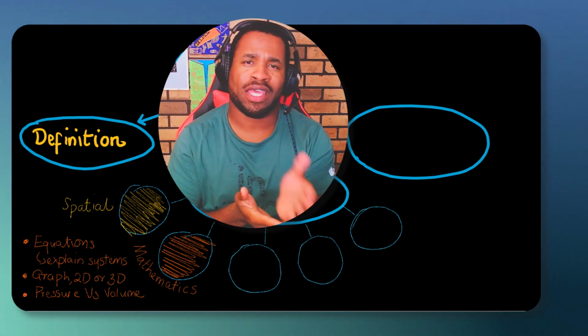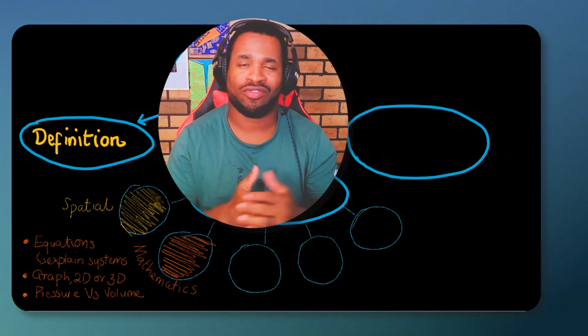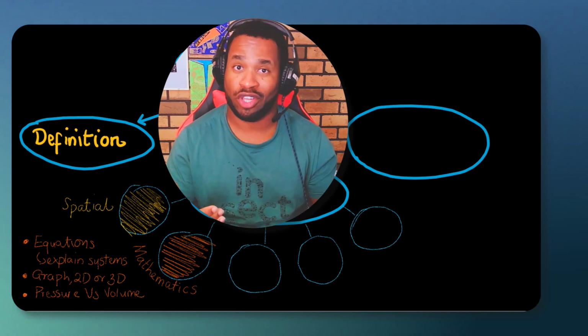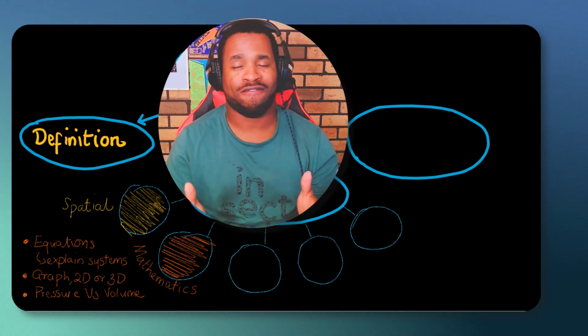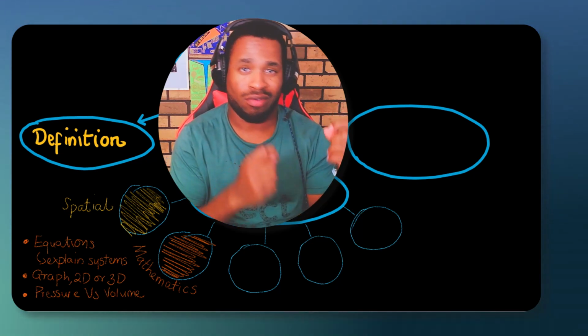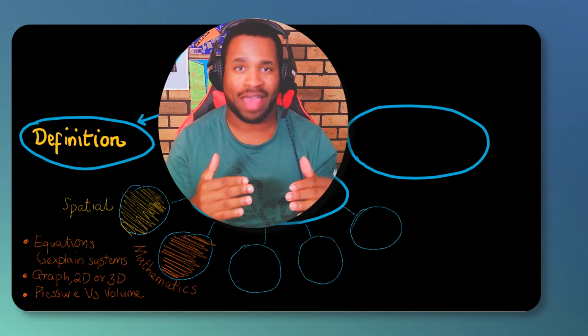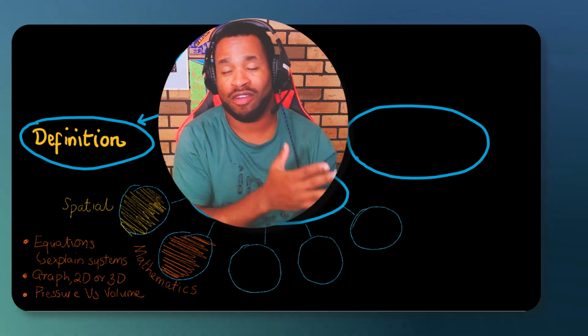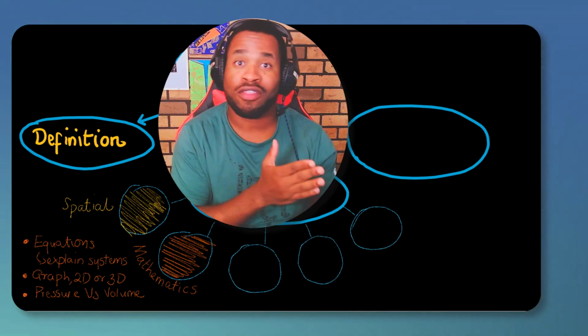And most importantly, if you look at, for example, chemistry, or even physics as well, the inverse relationship between pressure and volume can be plotted on the X and Y axes, and you can have your 1 over V on one axis and your P on the other axis.